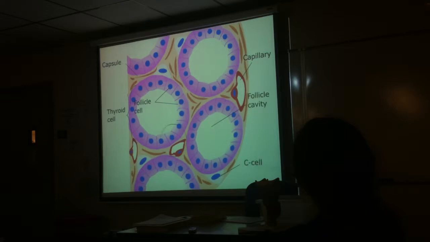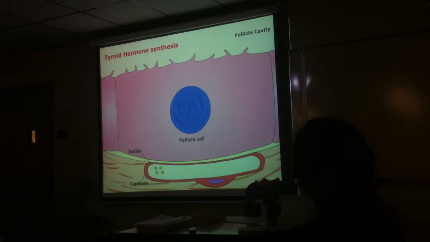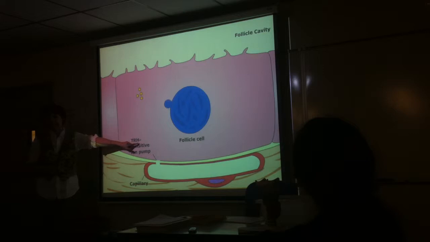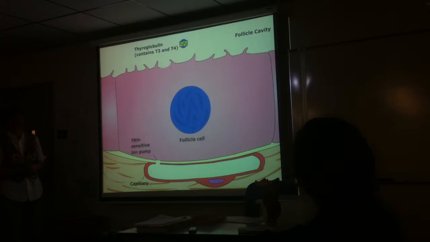This should say follicle and thyroid cell. There's a few errors in here. And I'm going to draw this out for you. This should say TSH, not TRH. So after we watch it once with the music, I'll play it again and turn the music off and talk. This is going really fast here.